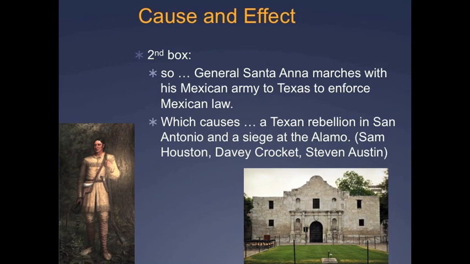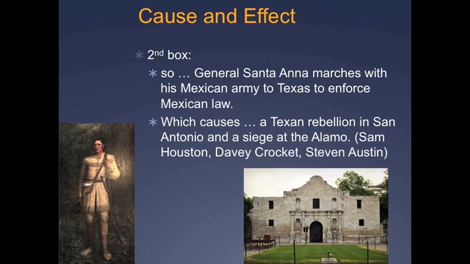So, in order to enforce Mexican authority, General Santa Anna marched the Mexican army to Texas to enforce the law. This inspired more rebellion in the Texans, who repulsed the attacks initially, only to fall back to the Alamo, which was a mission in San Antonio, in order to garrison it.